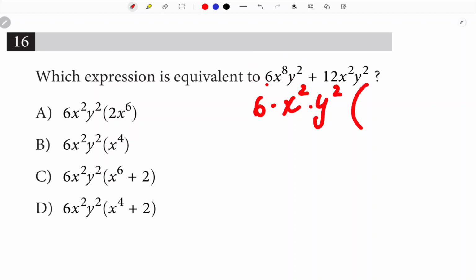First parts I take x to the 6 and y to the power 2, and only x to the 8, x to the 2 are here. That's why I write x to the 6, because multiplying them, your powers must be added, and plus only x to the power 2, y to the power 2, and I see that 12. 6 times 2 gives us 12. So what's the answer? C.